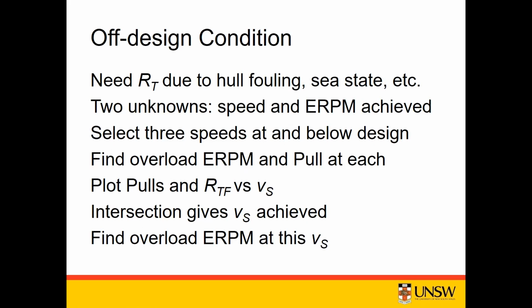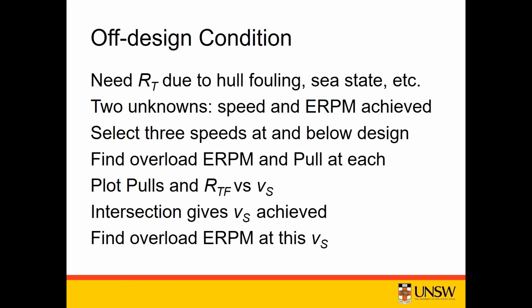In the off-design condition, you need the total resistance due to hull fouling and the sea state, and you have two unknowns, the speed and the engine RPM that's going to actually be achieved. So what you do is a bit like the tug and the trawler, where you select 3 RPMs. Here you select 3 separate speeds at and below the design speed.